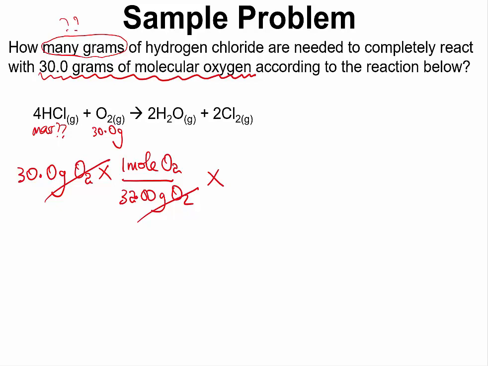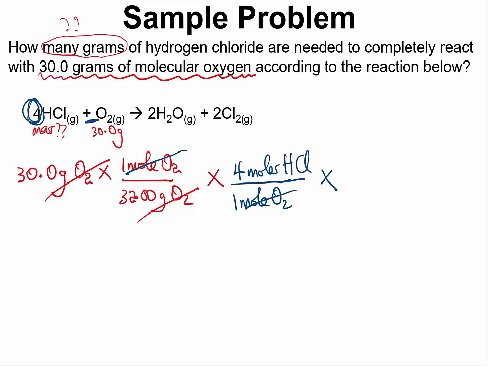The relationship is that 4 moles of hydrogen chloride will normally combine with 1 mole of O2. So using that relationship, 1 mole of molecular oxygen will normally react with 4 moles of HCl. Moles of oxygen will cancel out.